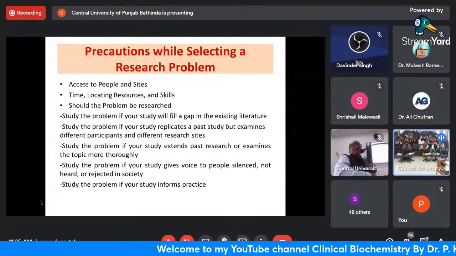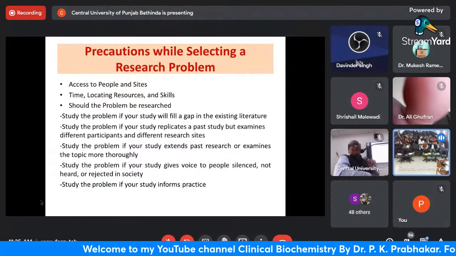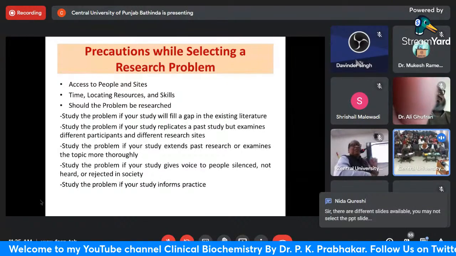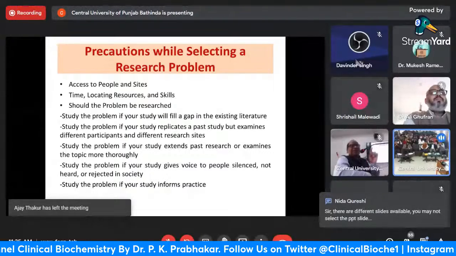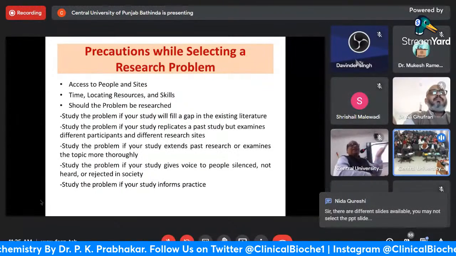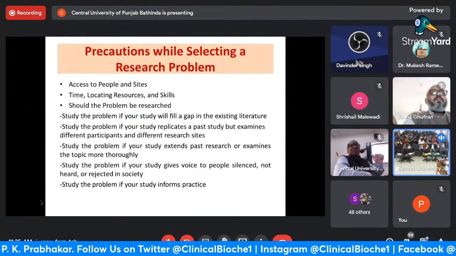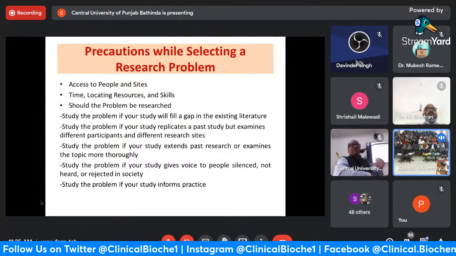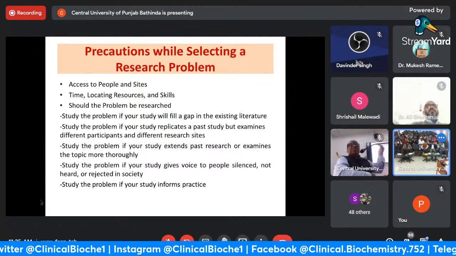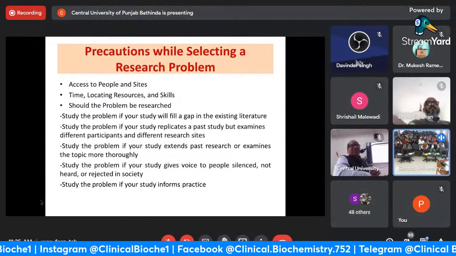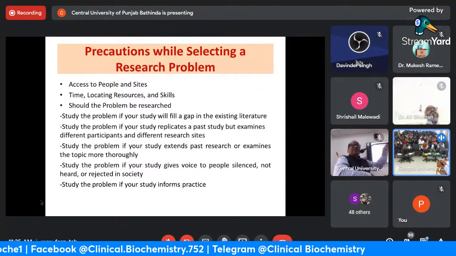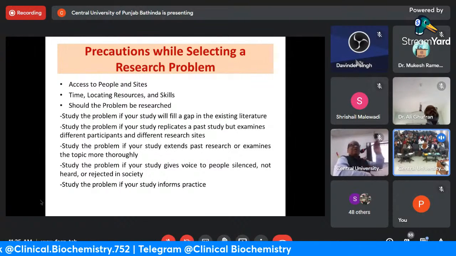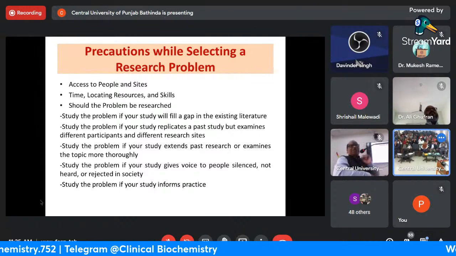So she collected the data. When collecting data, what happened? She simply interacted verbally with such patients, and collected data on whether they are feeling well after taking the medicine or not, what is their reaction, what is their perception, and so on. And she arrived at a conclusion.